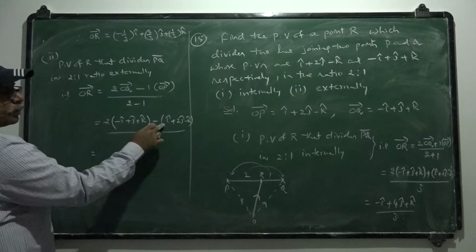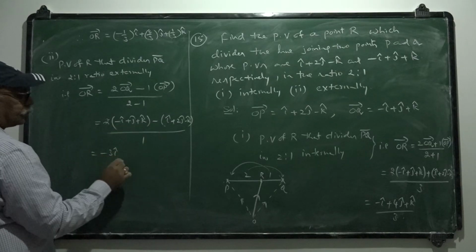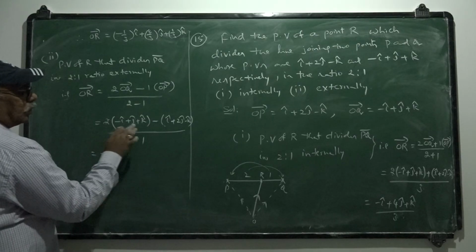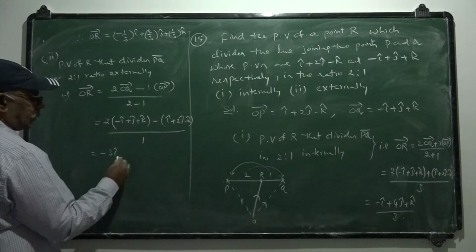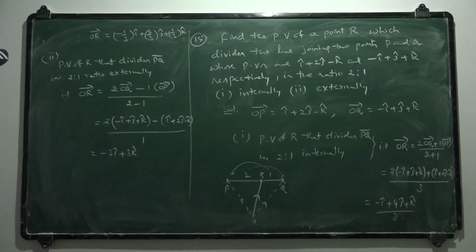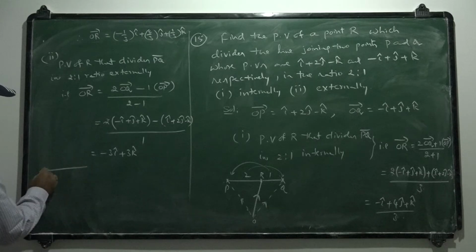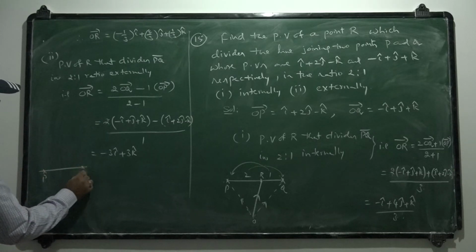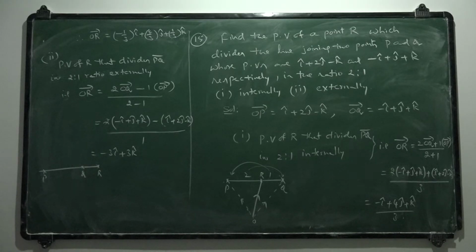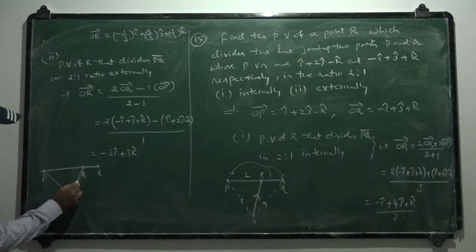Collecting like terms: minus 2i minus i is minus 3i, 2j minus 2j cancel, and 2k plus k is 3k. This is the position vector of the division point which divides PQ externally with the given ratio.